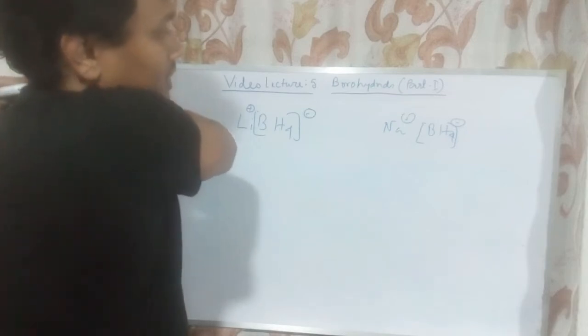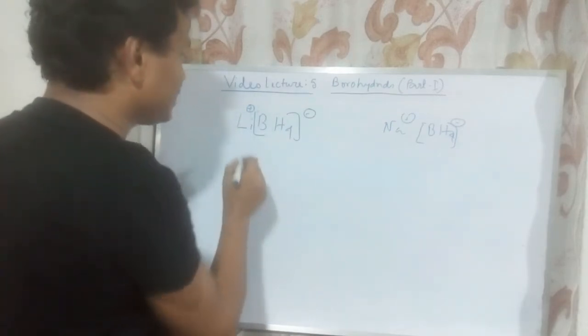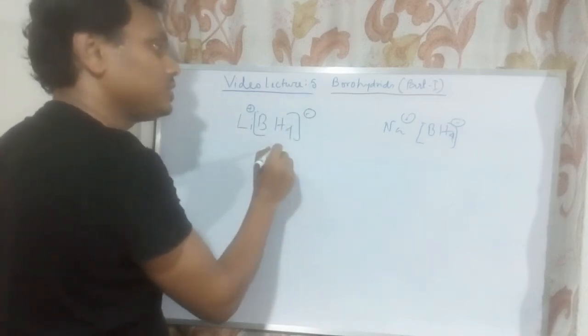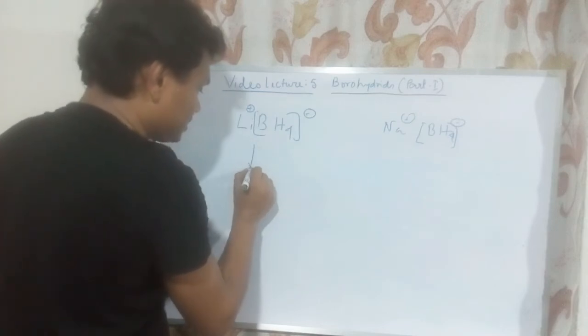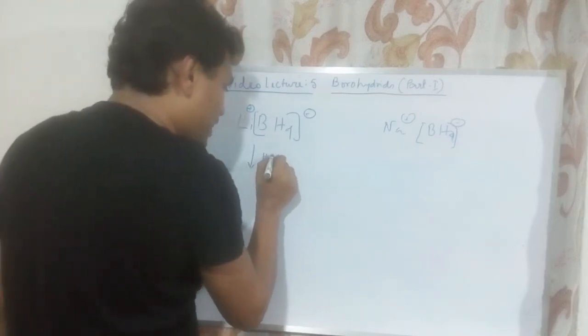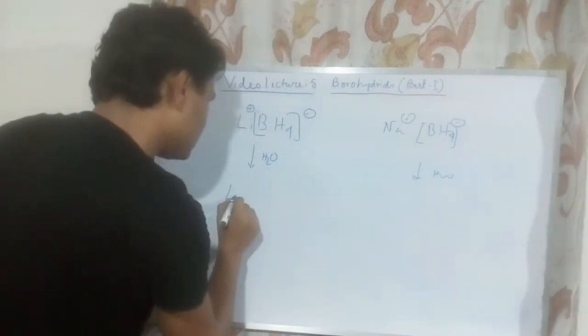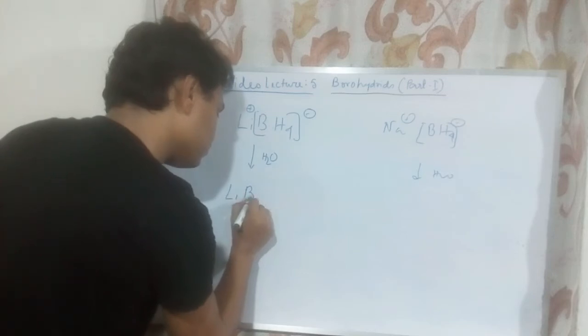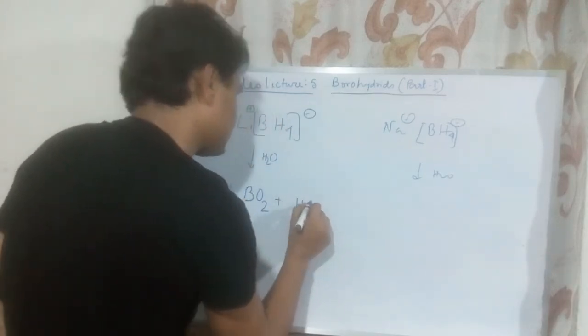When we check the reactivity of any reagent, first we check the solid state of this material: both are solid, free flowing solid materials. Second is moisture stability. These materials react with moisture to form lithium borate salt plus hydrogen gas.